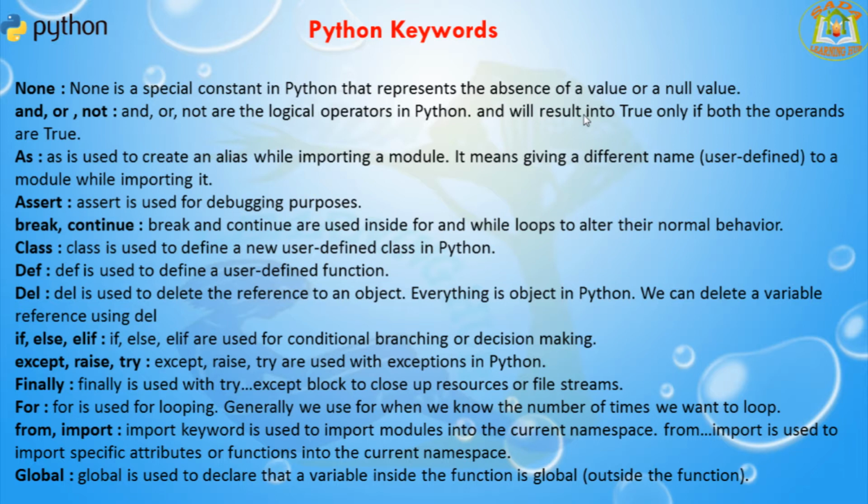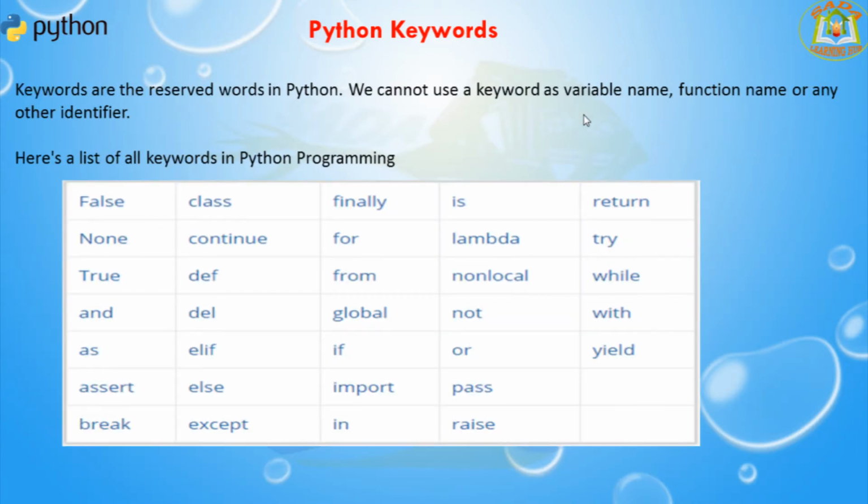See, these are the different keywords available in Python, and each and every keyword has some specific functionality. It is not possible to use them for method names, identifier names or function names.